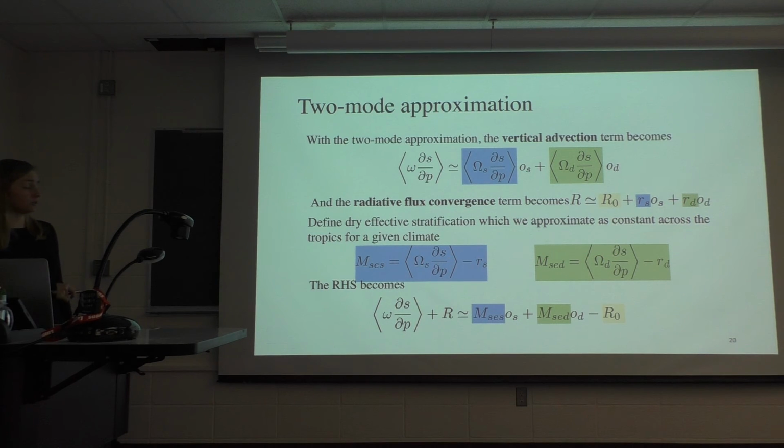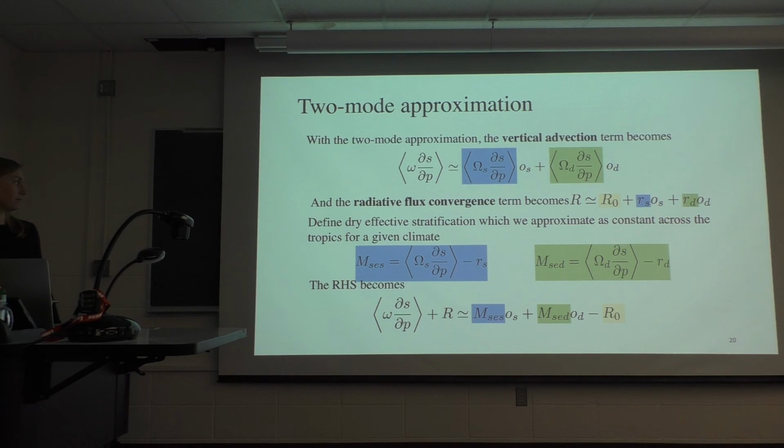We can approximate these stratifications as being horizontally uniform, so uniform in space and time for a given climate. That's pretty good because the temperature tends to be fairly uniform throughout the tropics, over tropical oceans. Like I said, these are just the coefficients on the shallow mode amplitudes.